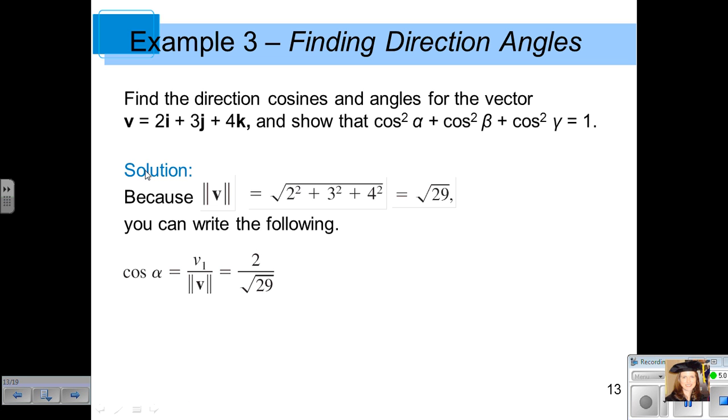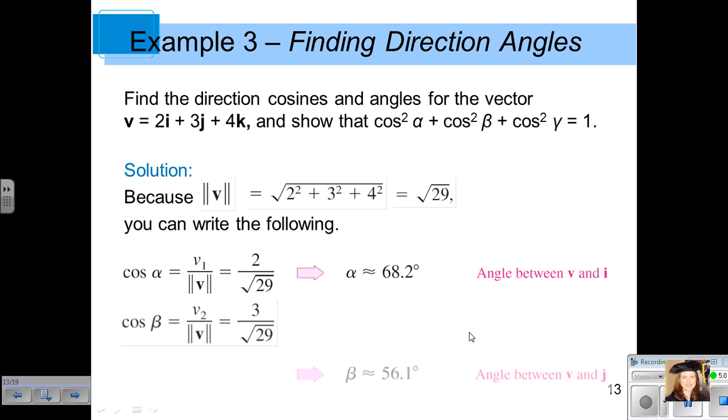So the cosine of alpha is simply the first component, 2, divided by the square root of 29. Cosine alpha equals 2 divided by the square root of 29. If you find the inverse cosine of 2 over the square root of 29, you'll see that the angle is approximately 68.2 degrees if you're in degree mode. Cosine beta is the second component, 3, divided by its magnitude.